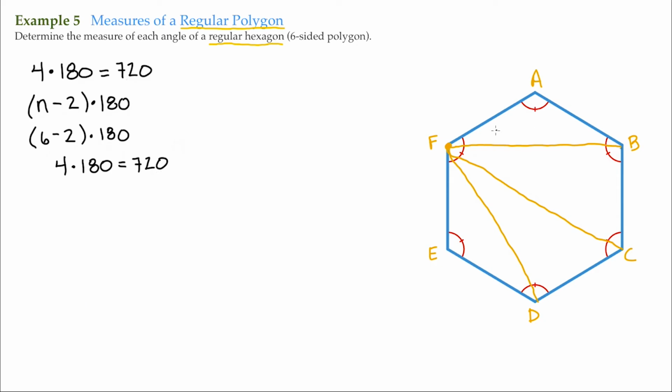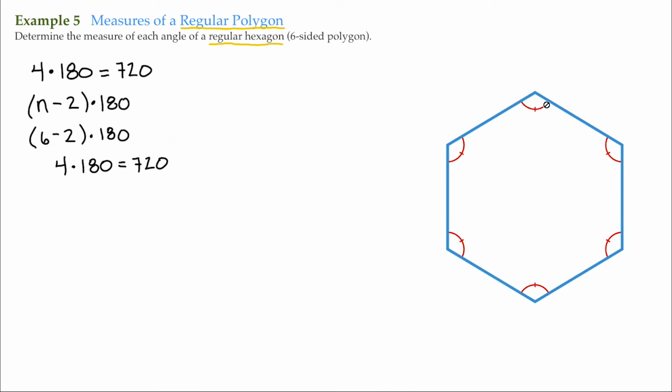So rather than have to partition off and then count up the number of triangles, we know that it's going to be the number of sides of the polygon minus 2. So this becomes 4 times 180. So that is the total measure of all the angles in here.